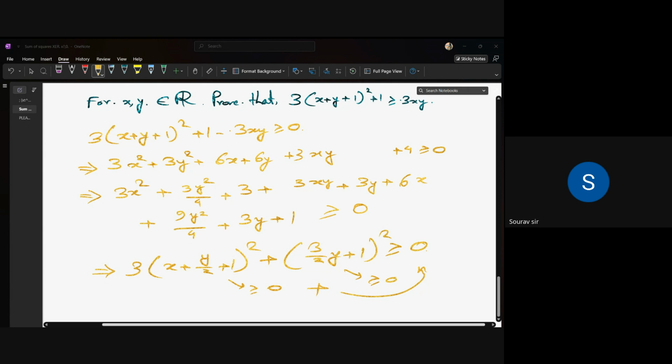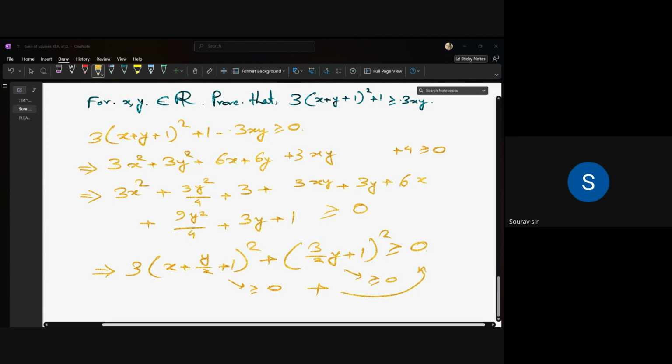Okay, but sir, how did you divide 3y square by 4? How do you divide it by 4? So actually I was trying to get sums of squares there. Basically we are getting 3y square there.